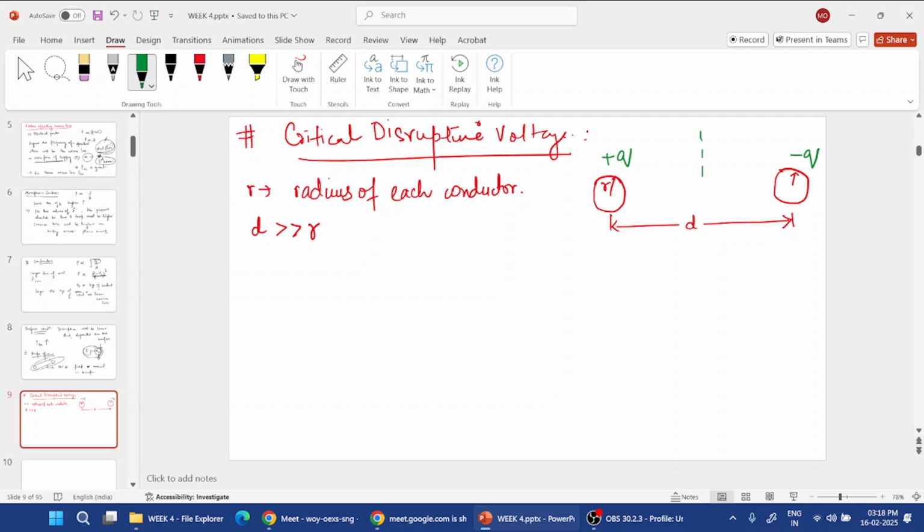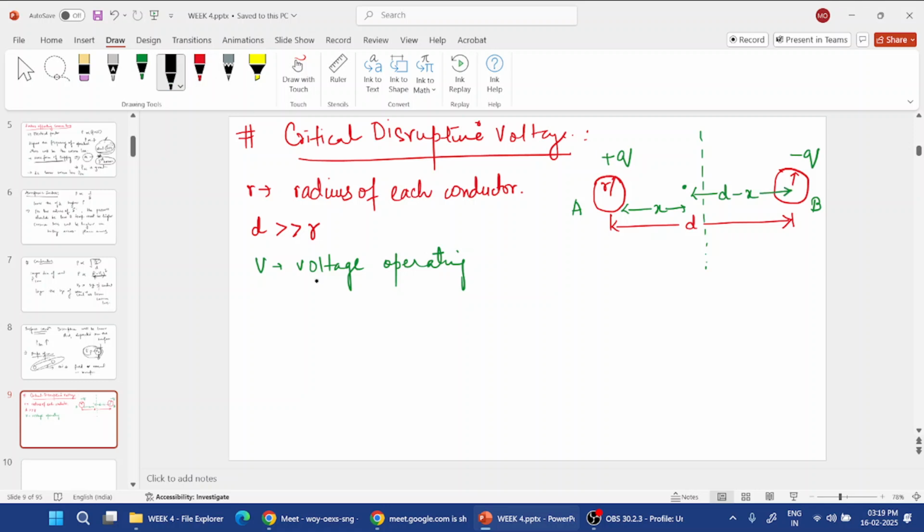And let's say this is the neutral plane, and V is the operating voltage with respect to the neutral. Let me name them A and B. So we will calculate the field due to A and B at a distance, let's say from A it is x, and from B it is d minus x.